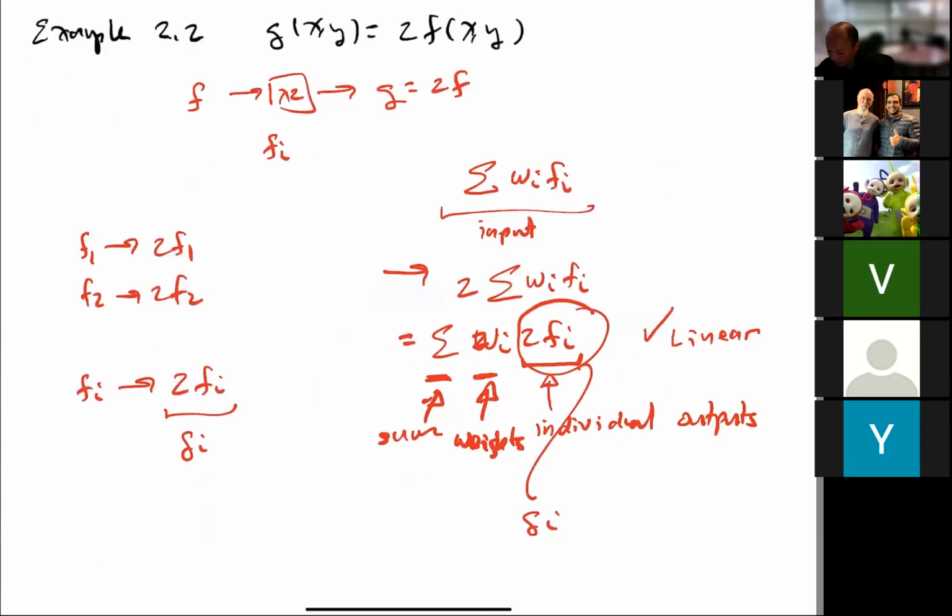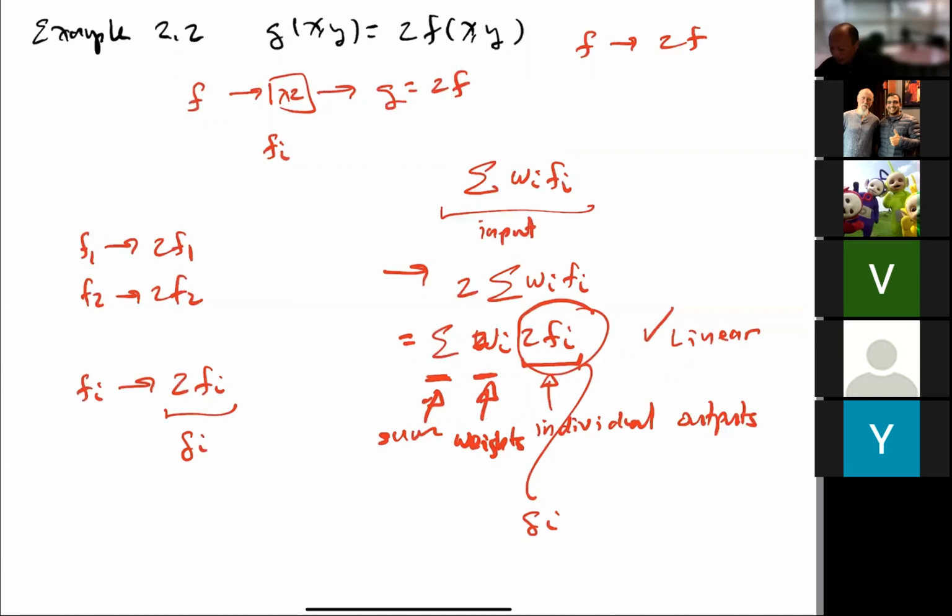Okay, so example 2.2, we already looked at the linearity of this. So now we want to look at shift invariance. Remember, we said that if I put in f, I get 2f. So now the question is, if I put in a shifted version of f, do I get a shifted version of the output?